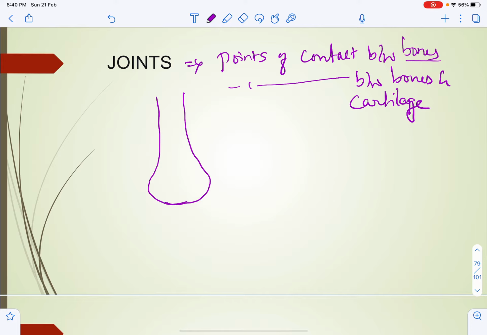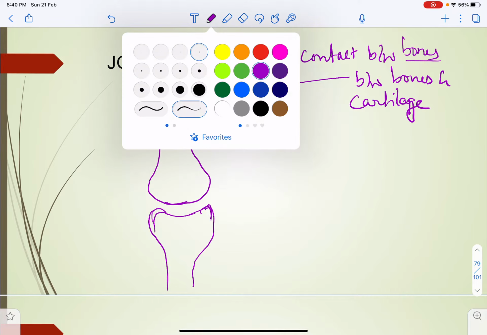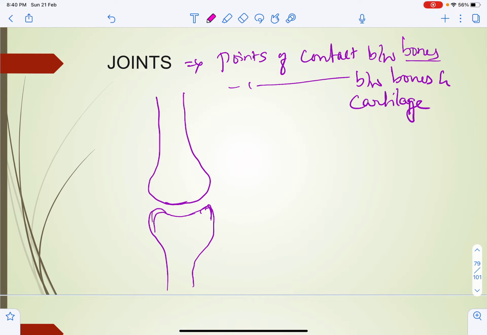Where we can see the other bone, long bones or small bones, and this is covered by a membrane. So this is the synaptic membrane, sorry, the synovial membrane, not synaptic.